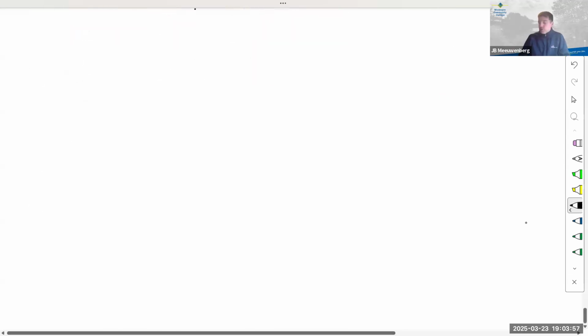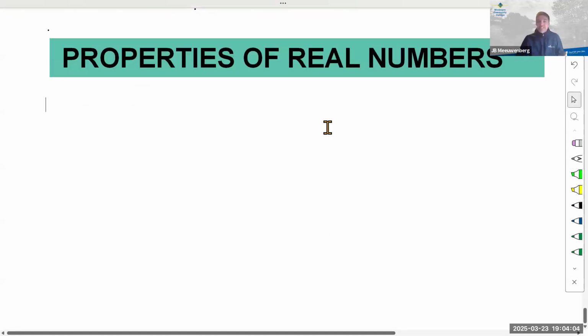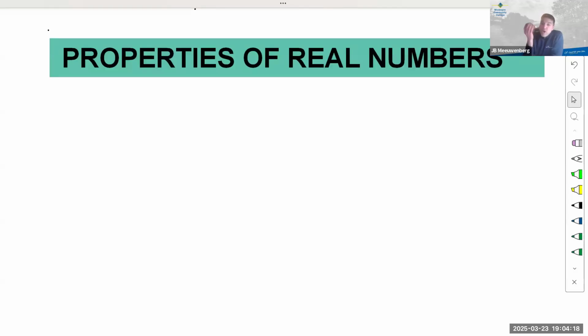So the next part of this video talks about the properties of real numbers. And we've seen properties of all these different types of sets of numbers so far throughout this semester. Whole, integer, rational, real. They've got this increasing sequence, right, with each number contained in the next. And although they have several properties in common, like commutative, associative, distributive, each number system really was developed because it had some properties that other ones didn't.